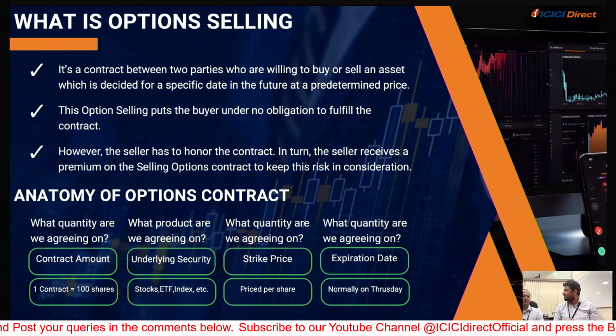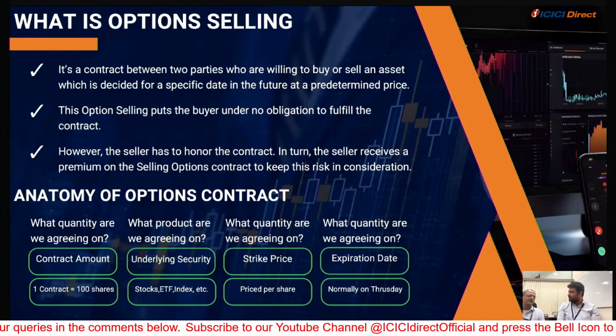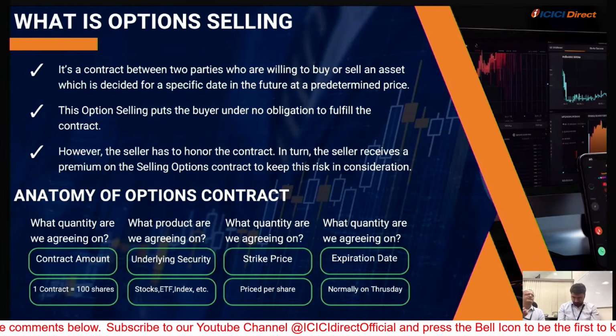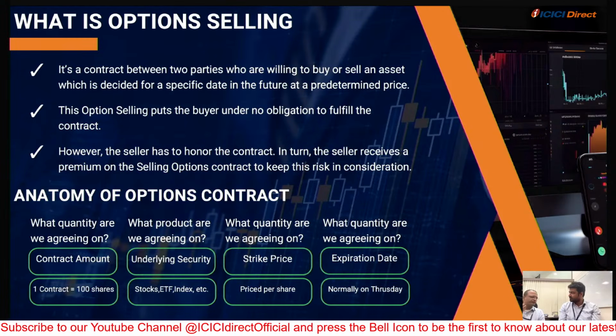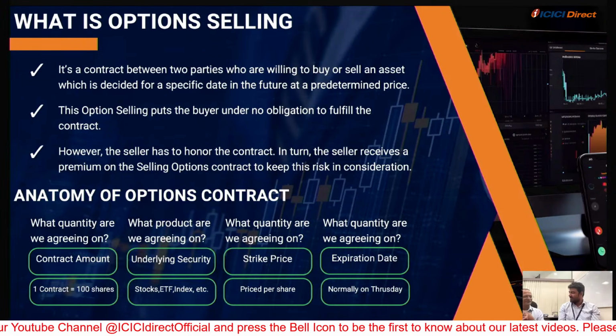Just to give a more intuitive understanding for people who may have missed the third session: buying an option is like buying an insurance contract, and selling an option is like selling an insurance contract, right? We've all bought insurance. Buying insurance gives you peace of mind, and selling insurance should not give you peace of mind.